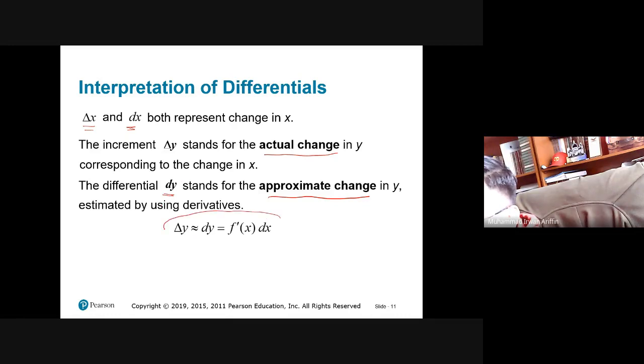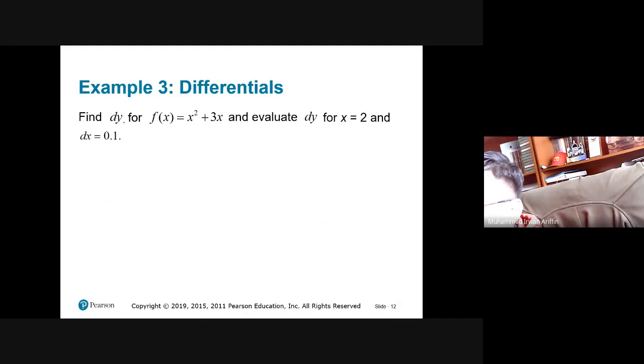Delta y can be approximated by dy, where dy is found when we multiply the derivative, or the slope of the tangent line, with the change in x. So in application, we simply use dy to estimate delta y.